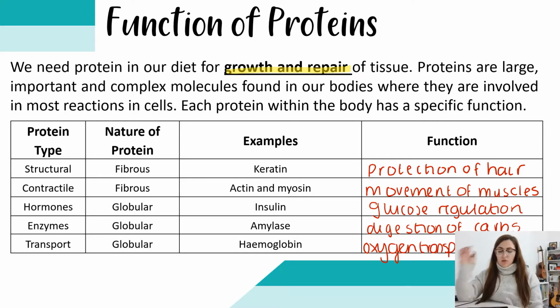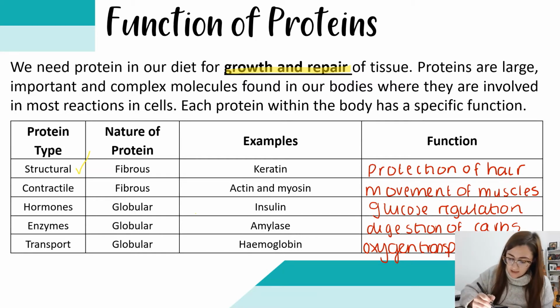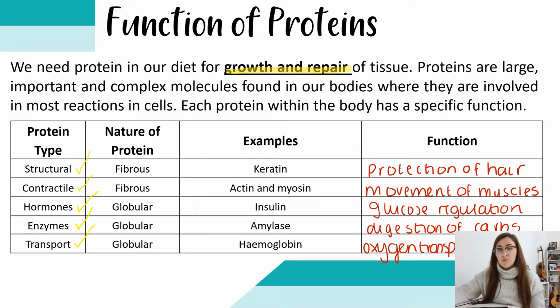So you'll see that some of these proteins are fibrous and some of them are globular. We're going to talk about that in a second. But for the types of proteins that they are, we've got structural proteins, contractile proteins, hormones, enzymes, and proteins which are involved in transport. So there is a variety of jobs that proteins do in the body.